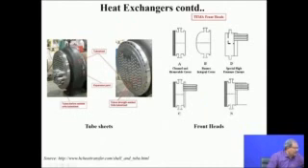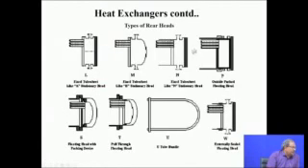So this is another view of the tube sheet where all the tubes are connected, and these are the pictures of the head, where these are channel and removable covers and different types of front heads which are attached to the heat exchanger such that the liquid can change its direction, and the head of the shell, the front heads, can take the additional pressure, and so on.